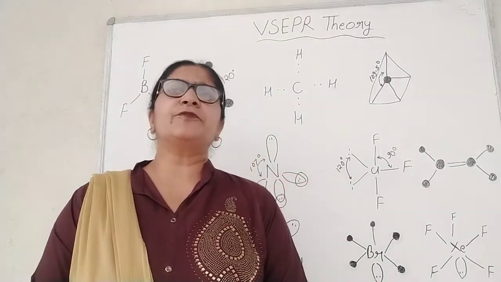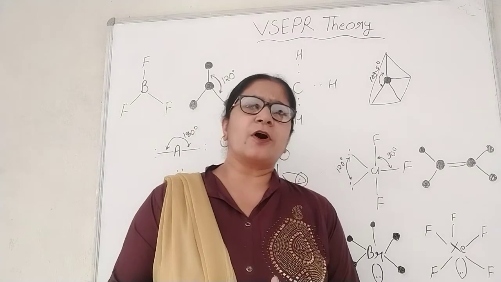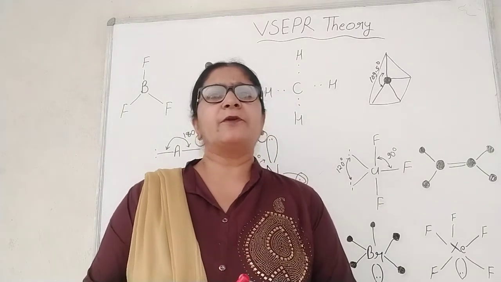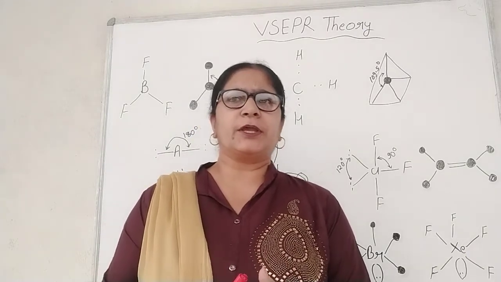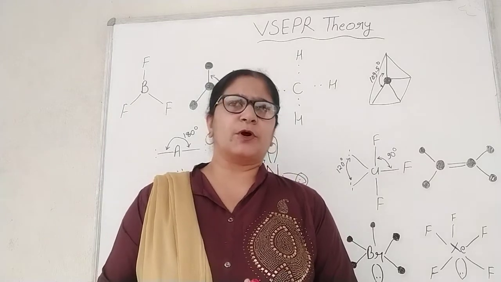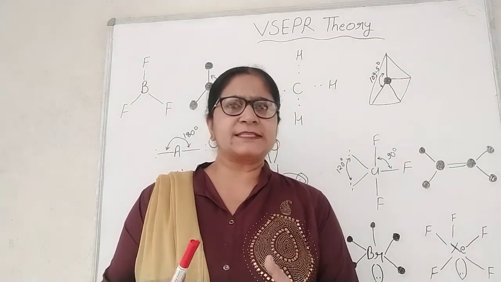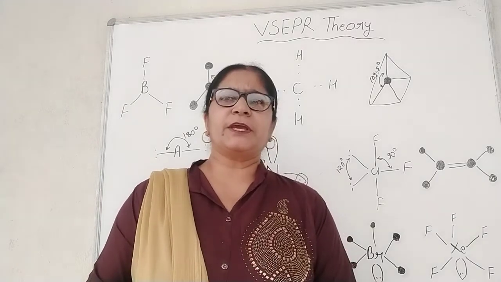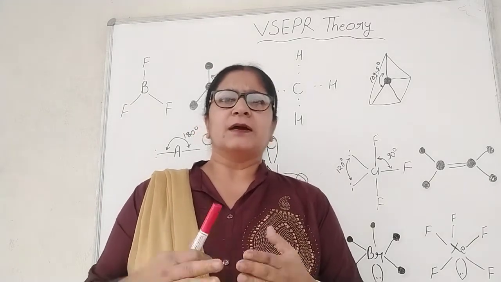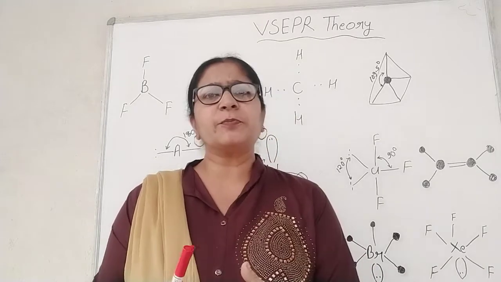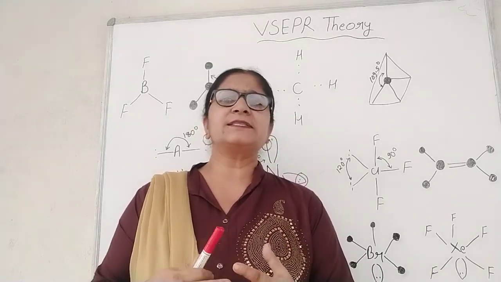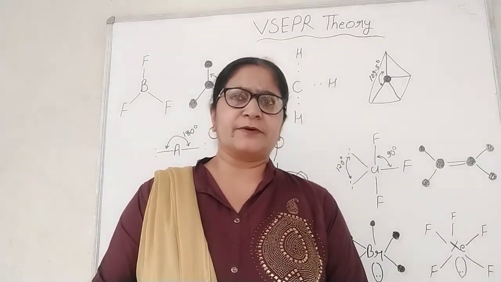In 1914, this drawback led Sidgwick and Powell to come up with a theory to determine the shape of a molecule, based on the number, type or extent of repulsion between electron pairs present in the valence shell around the central atom.